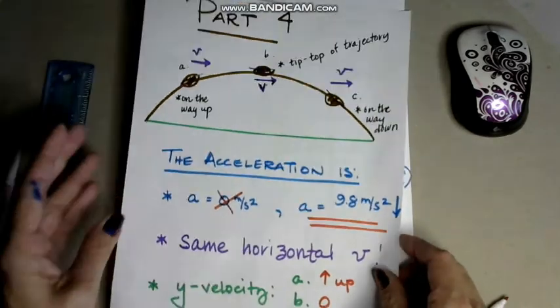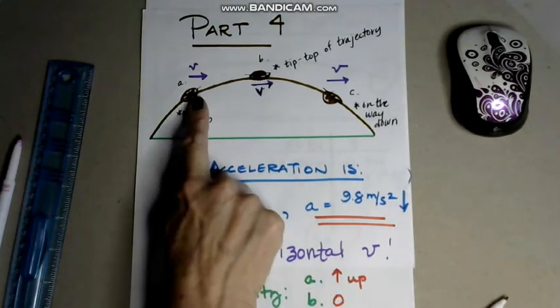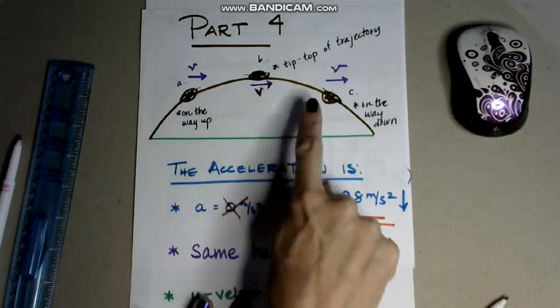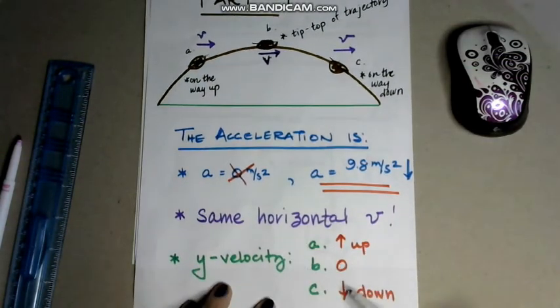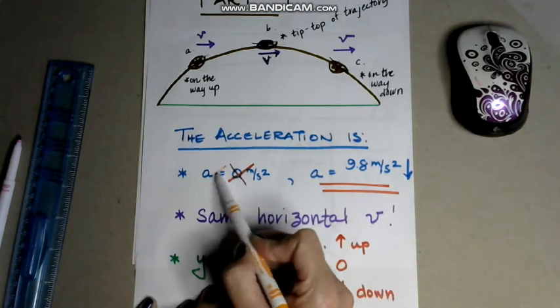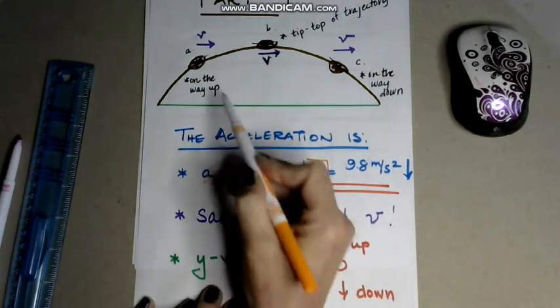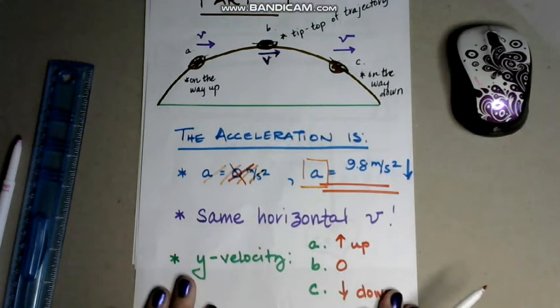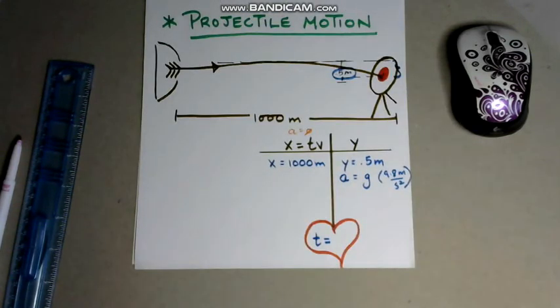What? Boom. Found it. The acceleration here, horizontally, was 0. The only thing that had acceleration here was the y velocity. So in the x direction, there's nothing. The only acceleration you have for a projected object is 9.8 meters per second squared down. Okay.